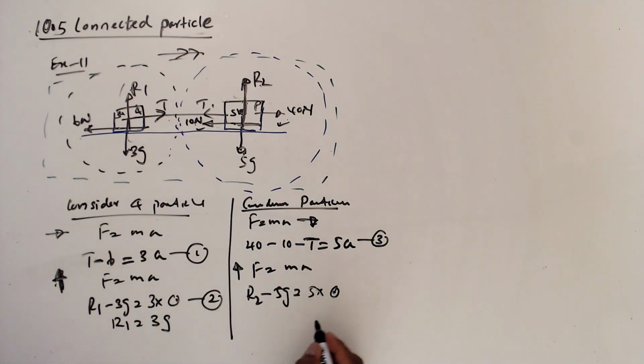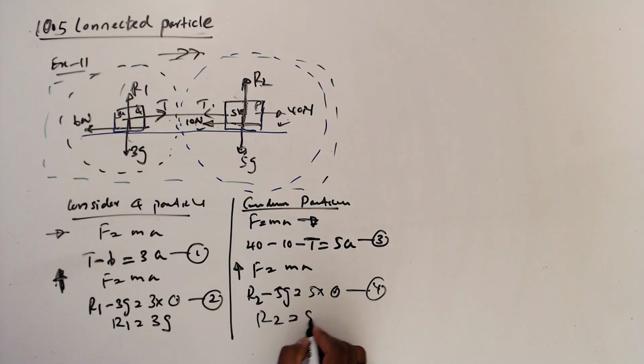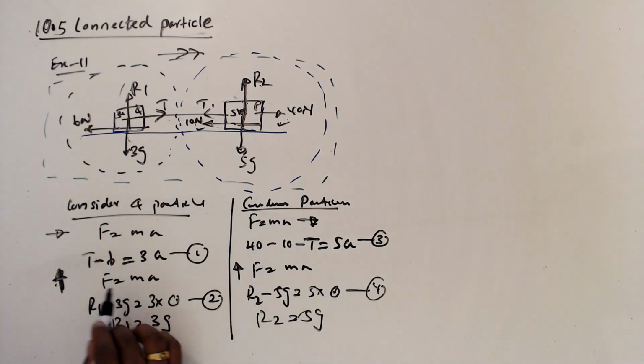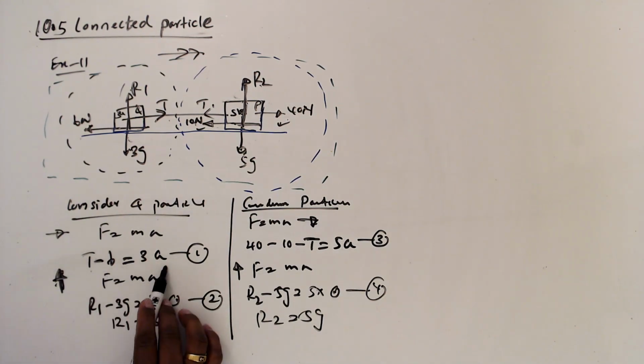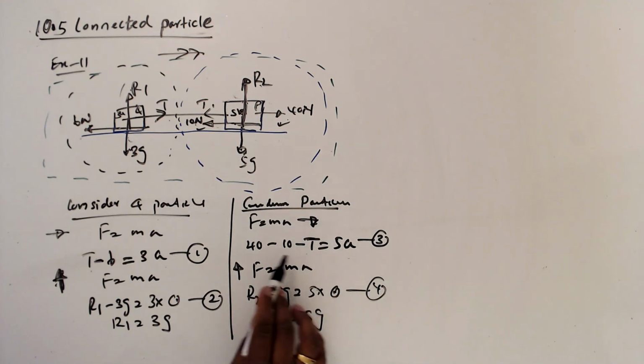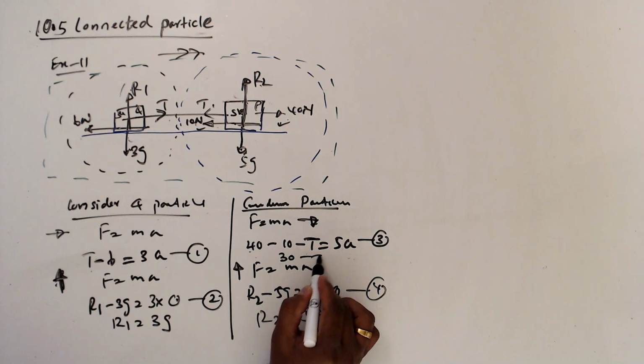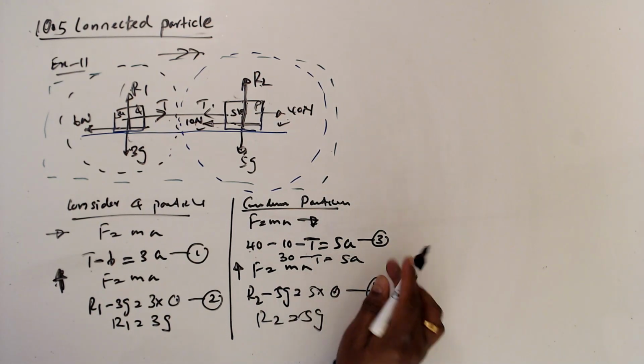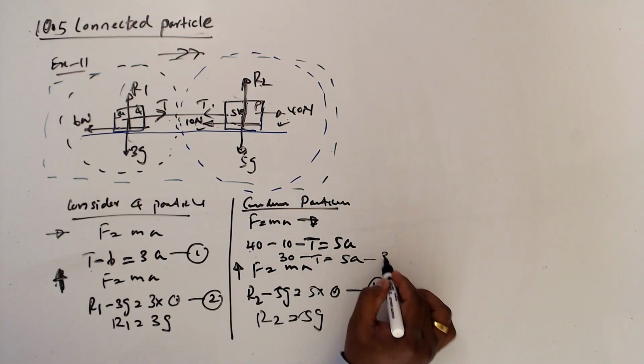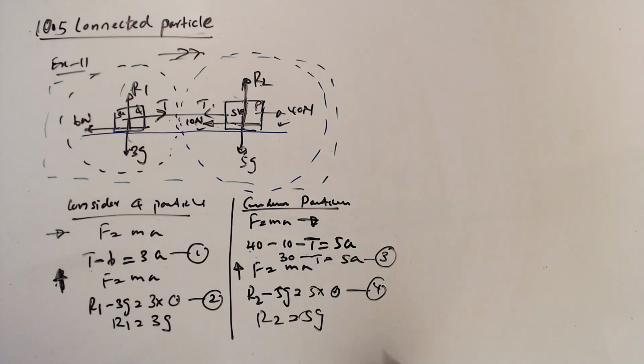This is the fourth equation, so R2 equals 5g. Now R1 and R2 are done. Now we need to find T and a, according to the question. So this is 40 minus 10, that is 30, minus T equals 5a. I'll name that as equation 3, the simplified one.